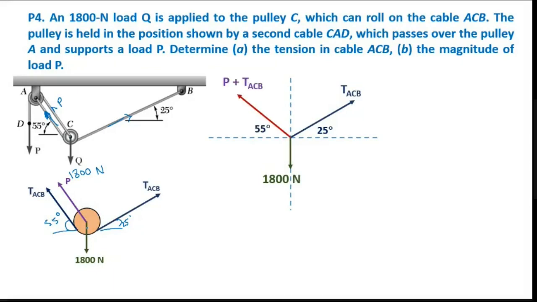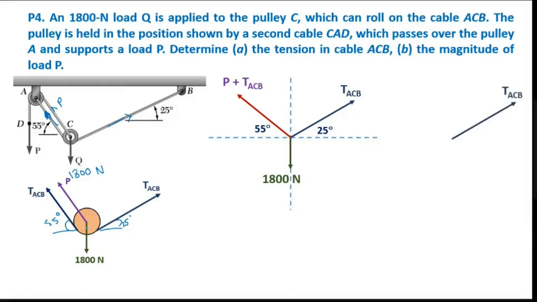If you add these, it is P plus TACB, and its angle is 55 degrees. Now we have three forces and three unknowns, so you can apply Lami's theorem to identify the values of these forces.